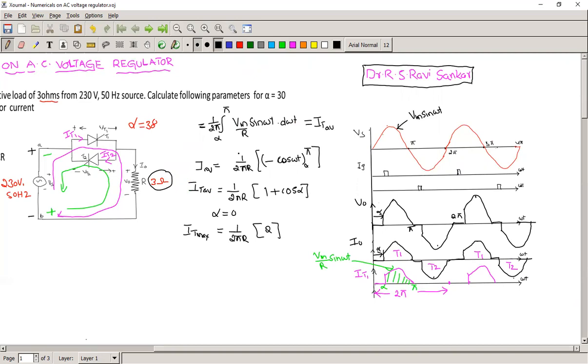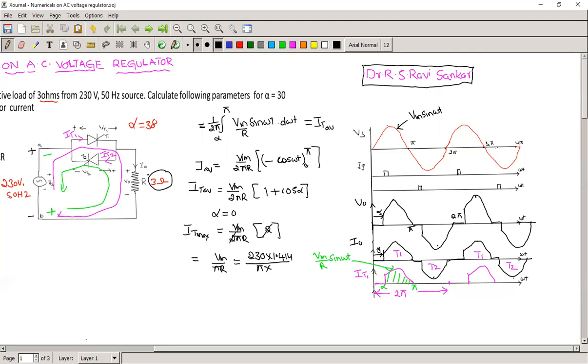Here we forgot the Vm. Vm also is there. Two gets cancelled. Vm by pi R. So 230 volts is given, that is RMS voltage, into 1.414 divided by pi.